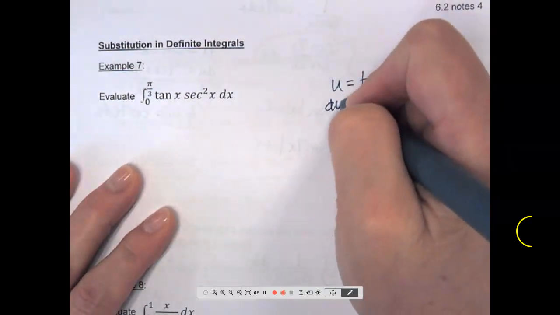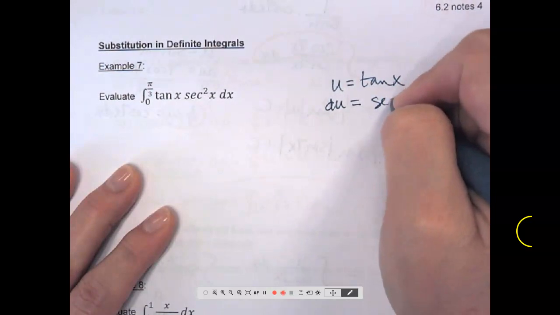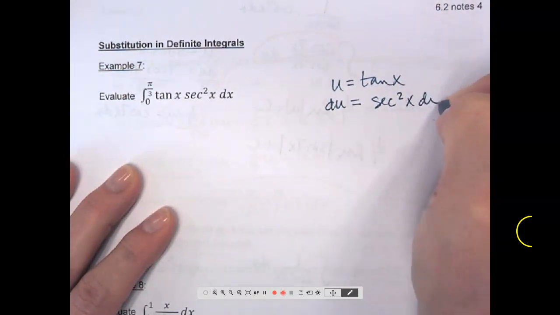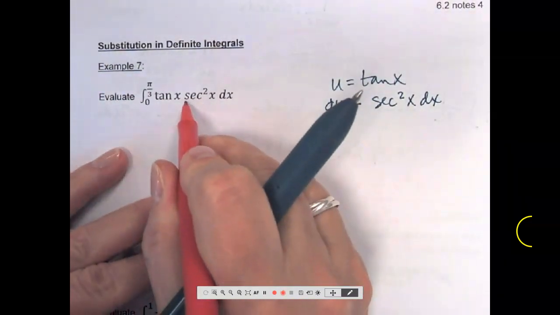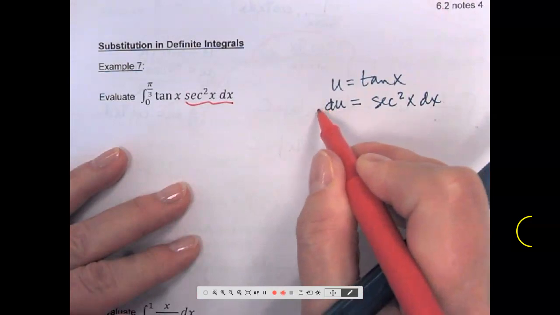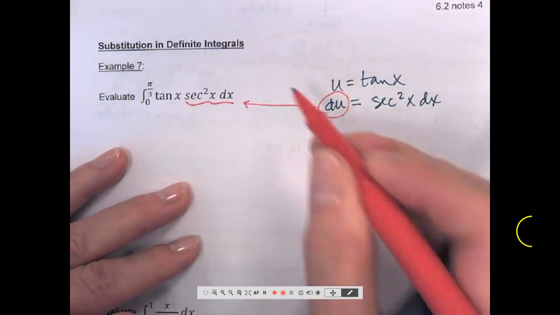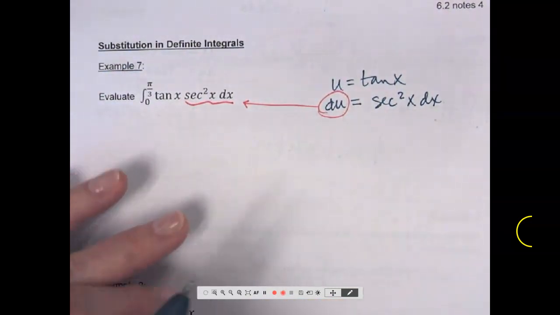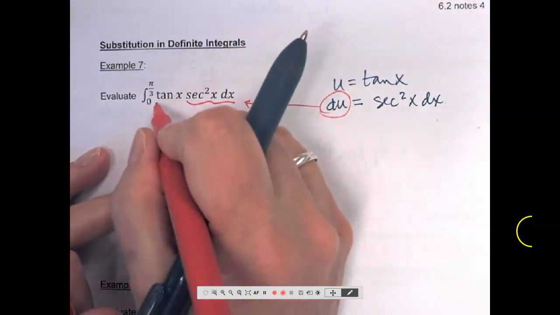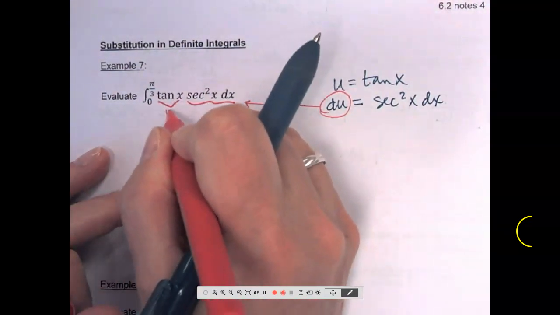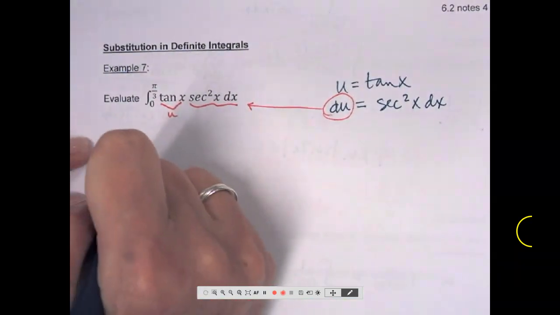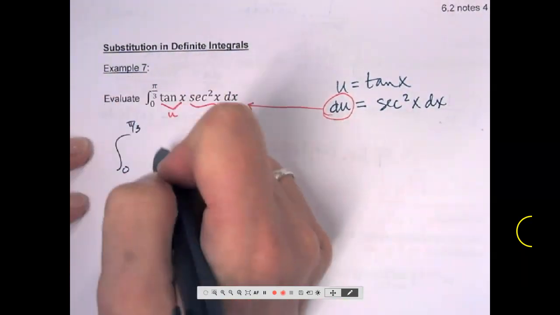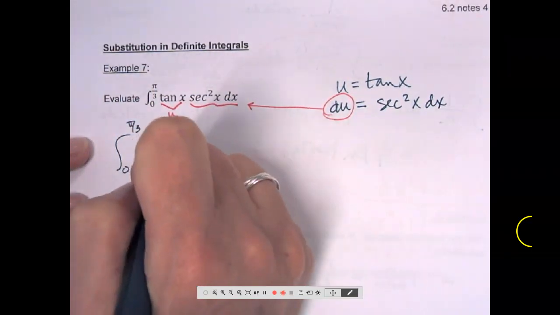Then du is equal to secant squared x dx. So I'm going to replace this with just du, and then this is just u. So I just have the integral from 0 to pi over 3 of u du.